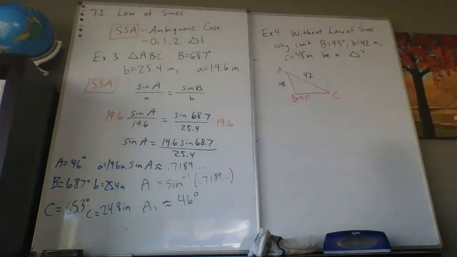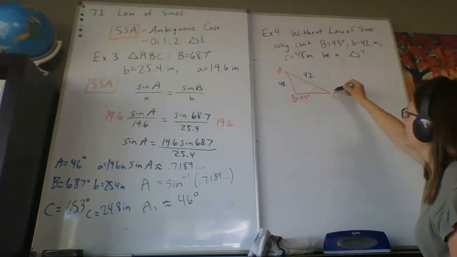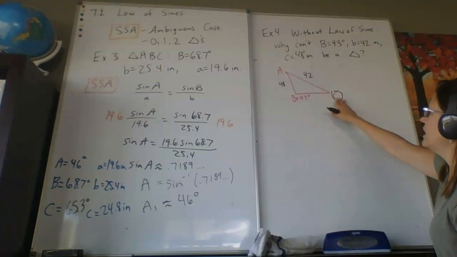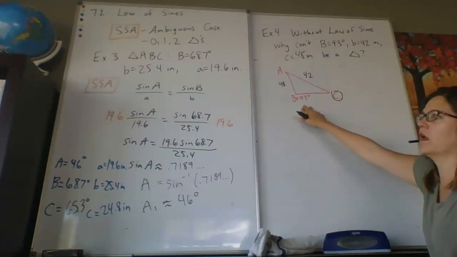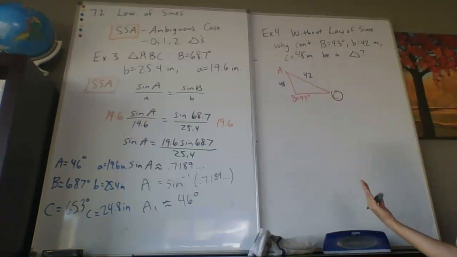There are a lot of ways to describe this, but one way to establish that this is impossible is because 48 is bigger than 42, that means that angle C must be bigger than angle B. However, if we take something that's bigger than 93 degrees and add it with another 93 degrees, we are going to get more than 180 degrees.